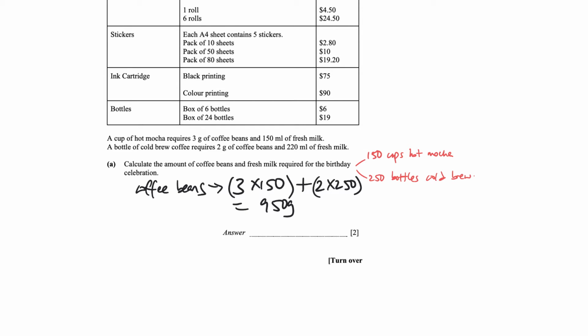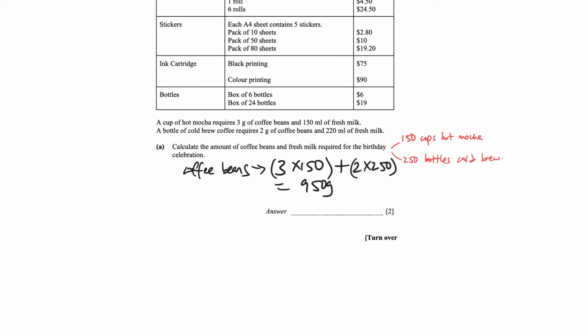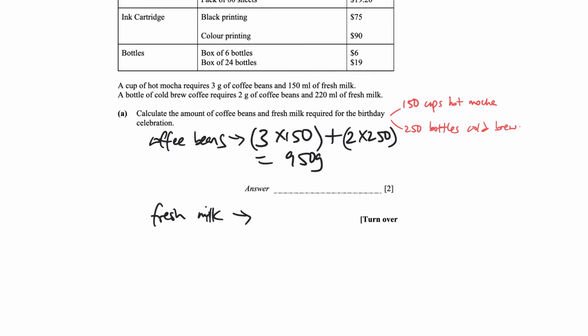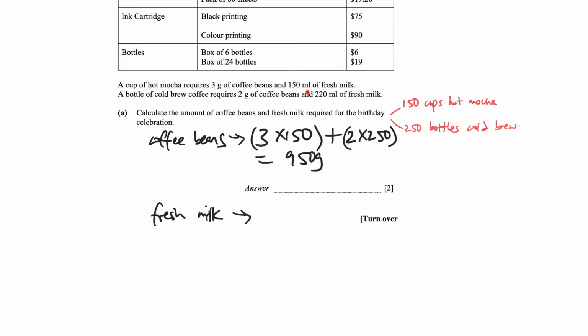for coffee beans. And then, how about fresh milk? A cup of hot mocha requires 150 ml of fresh milk, and we have 150 cups. So 150 ml for each cup, and a total of 150 cups.